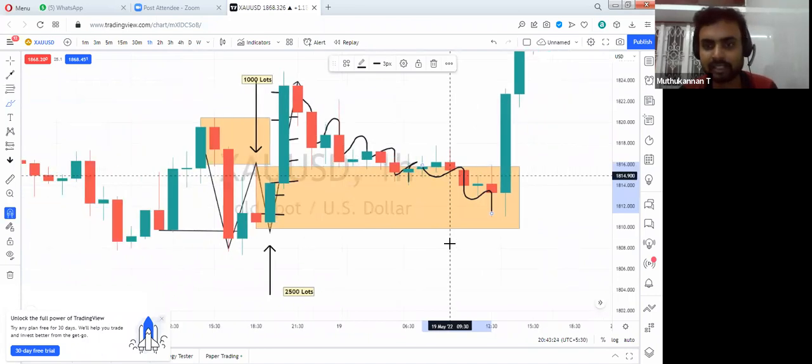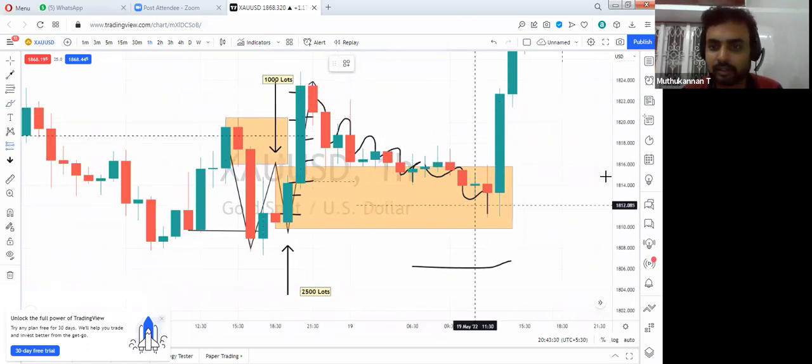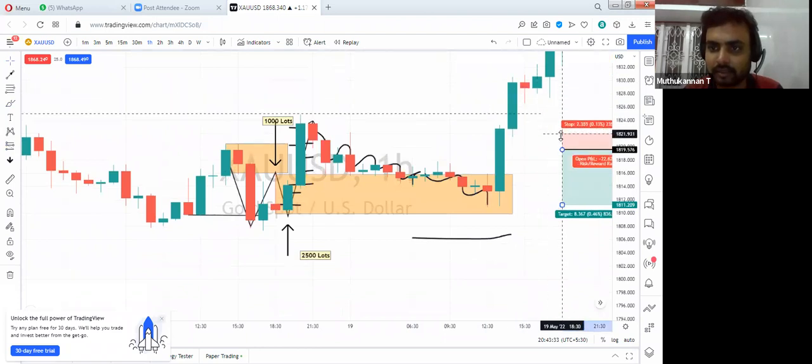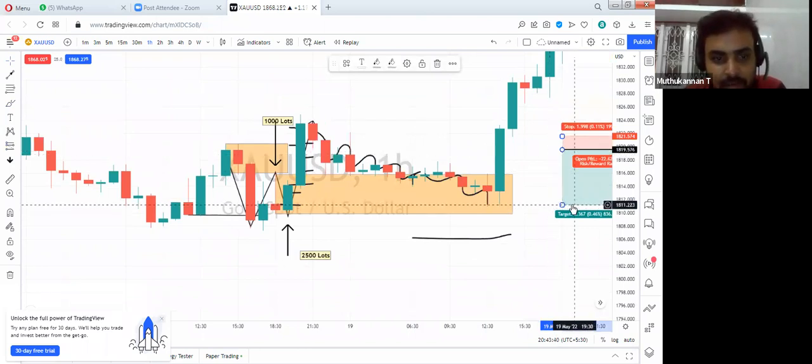They will be closing the sell position. Just remember what I said, you guys. When you sell like this, what is your stop loss? Buy order, right? What is your target? Buy order, right? Correct.